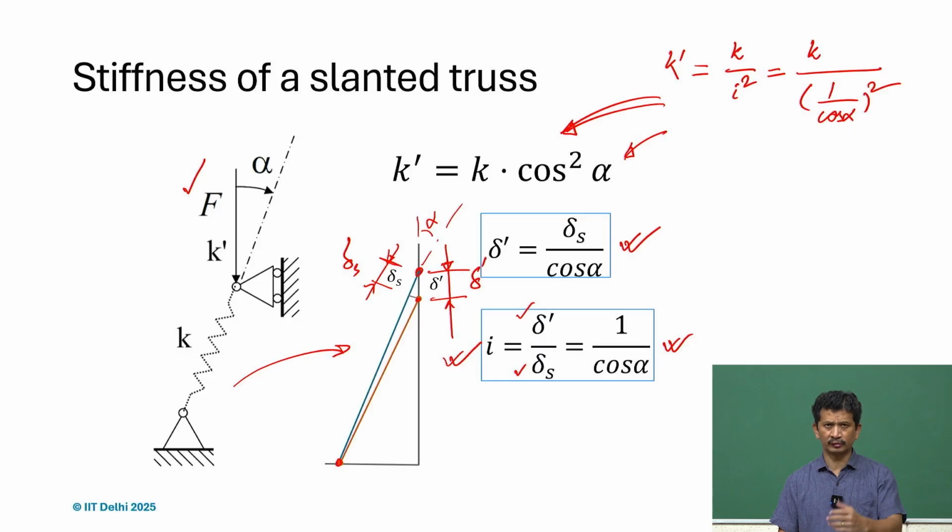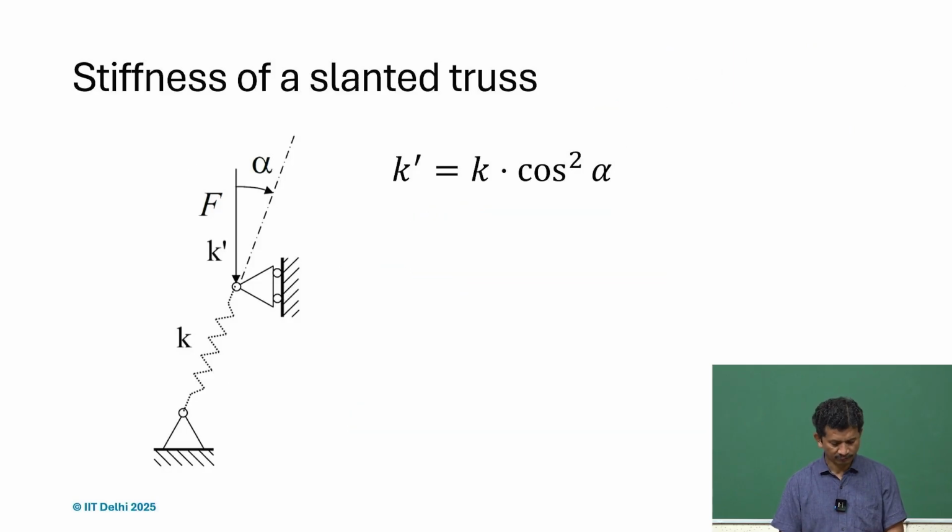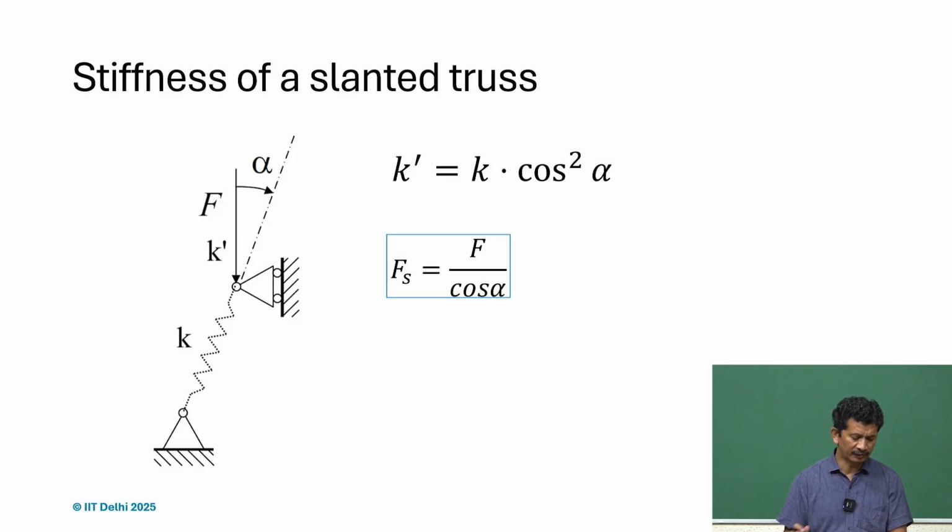So from here also we can find it, but we can also use the two relationships. What we derived is the force relationship, applied force versus force experienced by the spring, we derived it already.